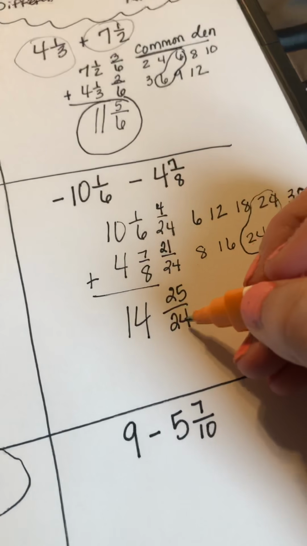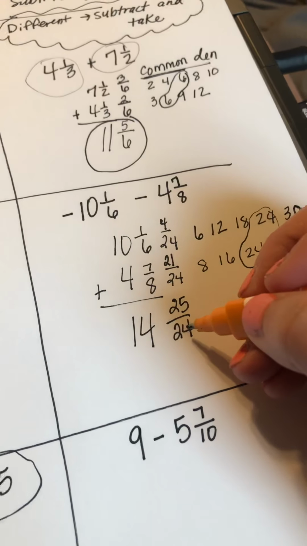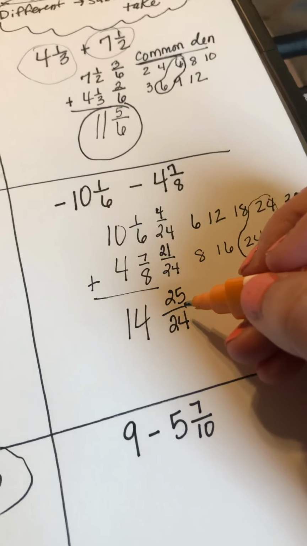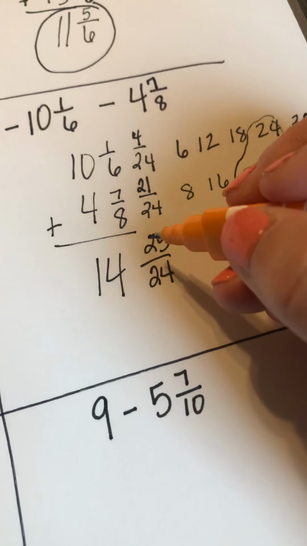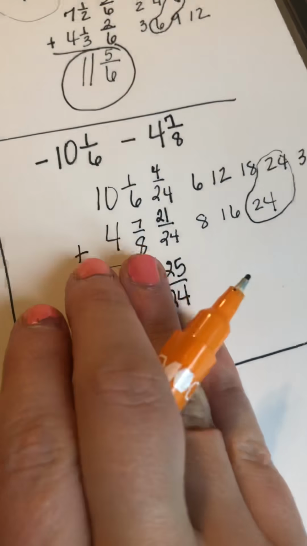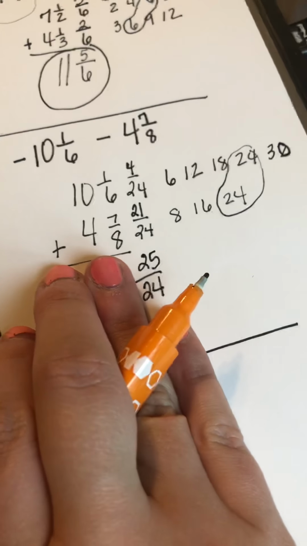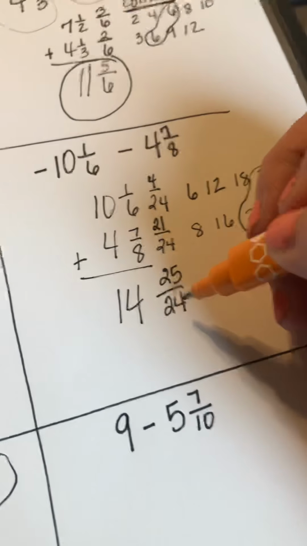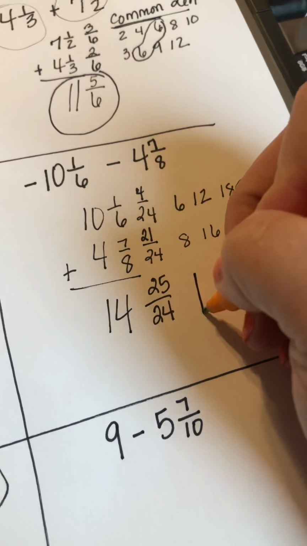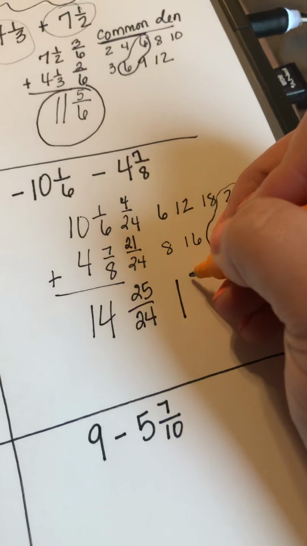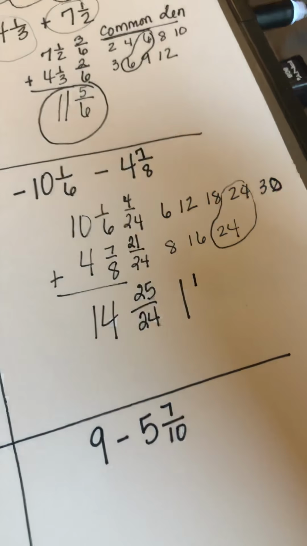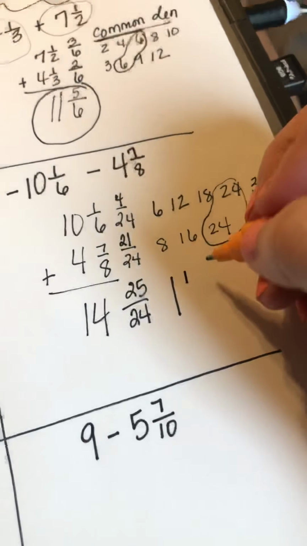Now, 25/24 is an improper fraction. We cannot have improper fractions with the whole number. This does not look right to us. So, for now, we're going to ignore the whole number, and we're just going to change that improper fraction. 24 will go into 25 one time whole. And if I put 24 into 25, I get one number left over, which is the difference between 24 and 25.